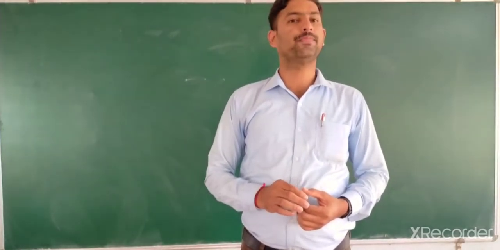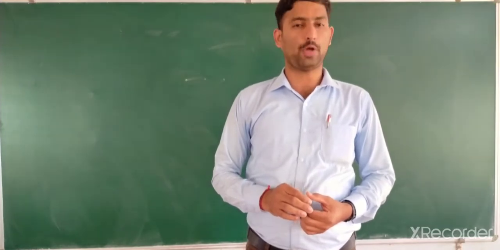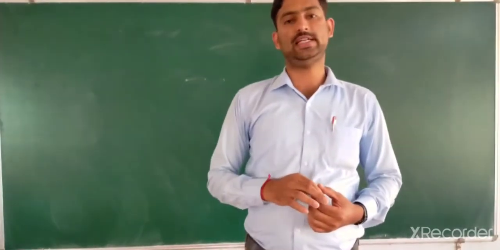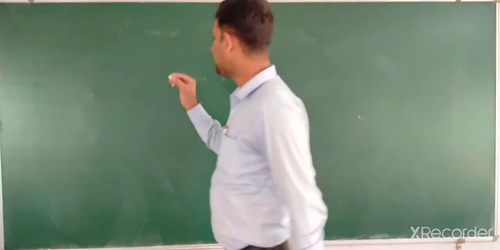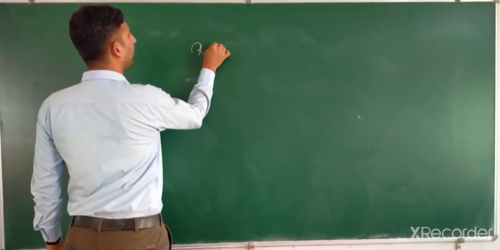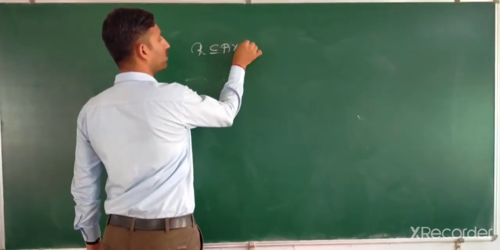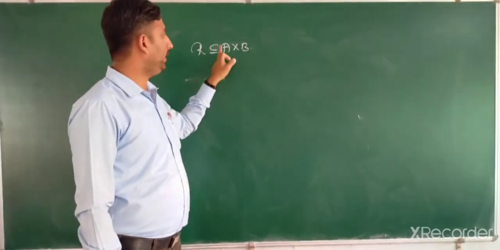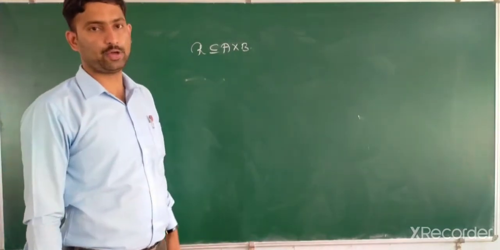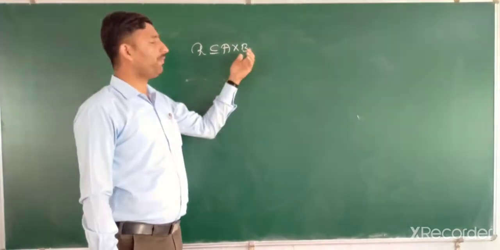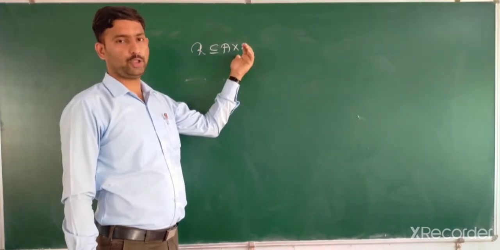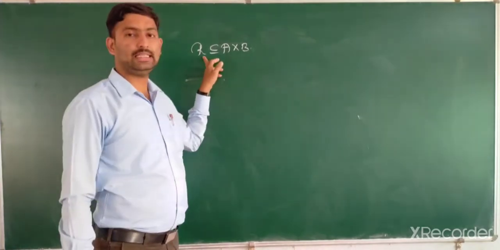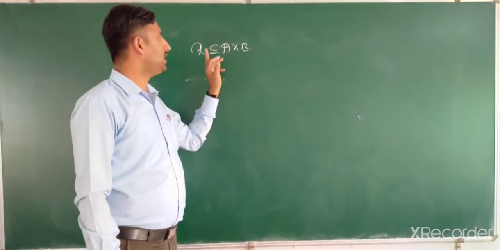Under that, we took one problem: how to represent a relation in the case of two non-empty sets. A relation R is nothing but a subset of the Cartesian product, that is A cross B. A cross B is the Cartesian product of two sets, and those two sets A and B are non-empty, and the relation R is a subset of A cross B.